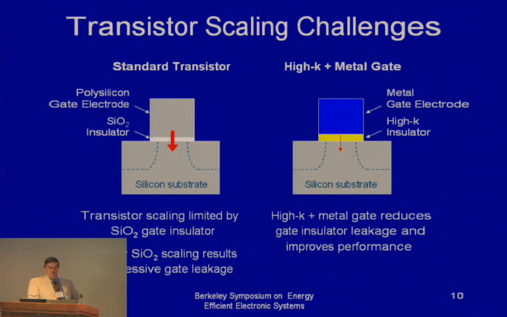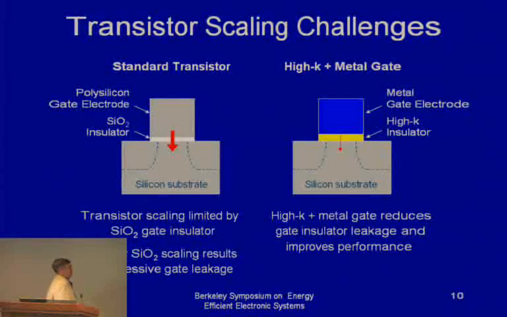Just in case somebody in the audience doesn't know the problem here: as you dimensionally scale the transistors down, the thickness of the gate oxide, which fits between the channel and the gate, gets down to a nanometer or less. Given that it's only 3 atomic spacings wide, it gets very difficult to maintain the quality and maintain the off-state leakage.